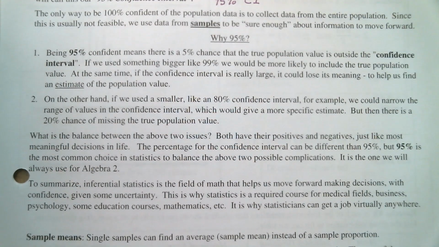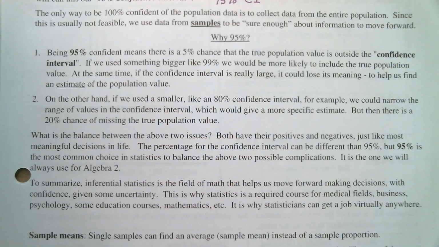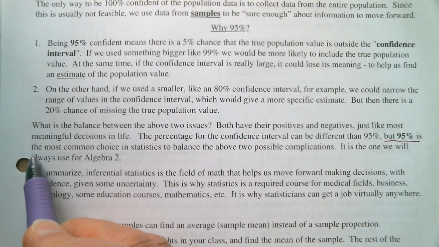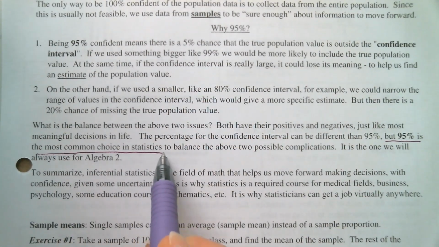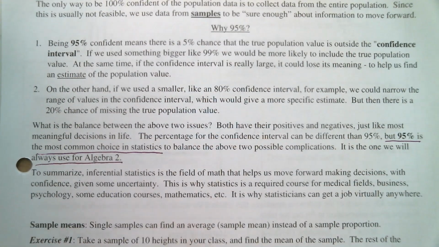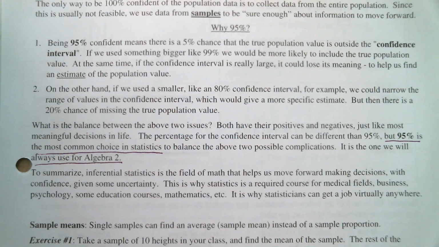The percentage for the confidence interval can be different than 95%, but 95% is the most common choice in statistics to balance the above two possible complications. It is the one we will always use in Algebra 2. So we will always use a 95% confidence interval.